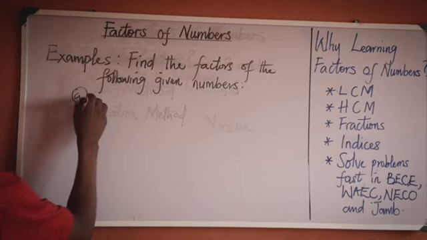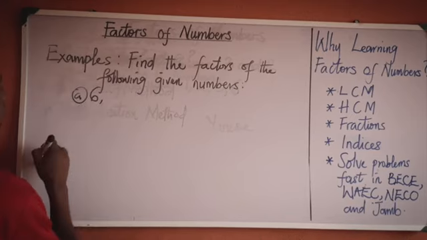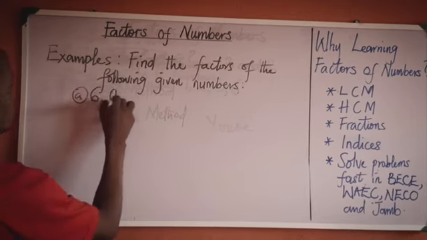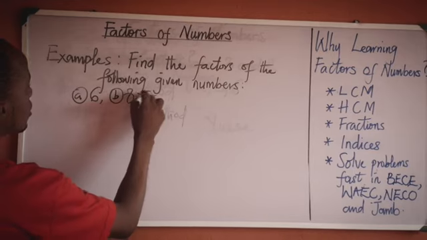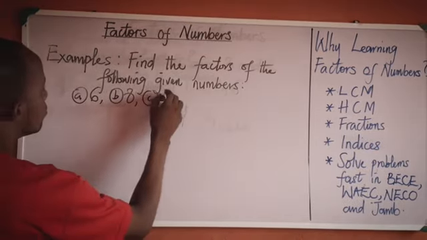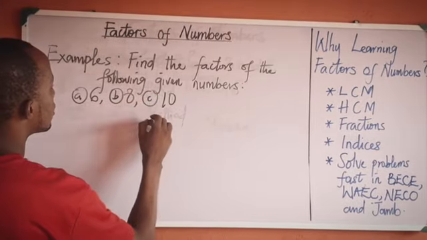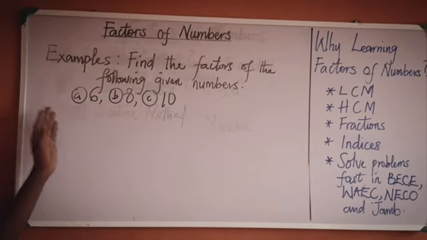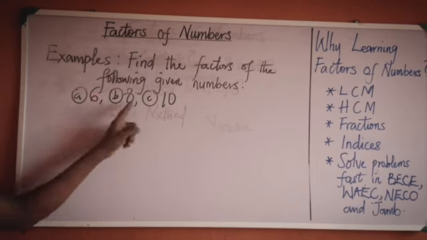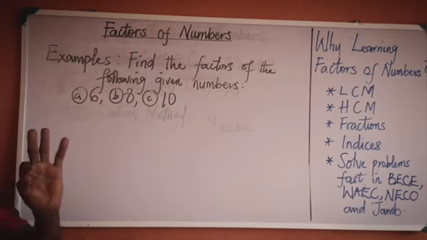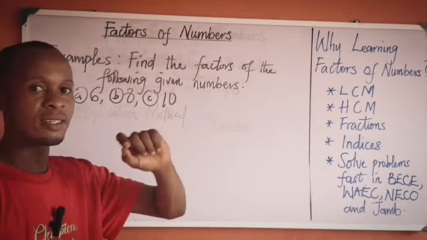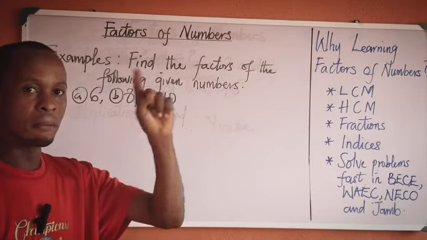A, 6, B, 8, C, 10. So we're going to be looking for the factors of these given numbers, 6, 8, and 10. And we're going to be using the first method I said earlier, the division method.